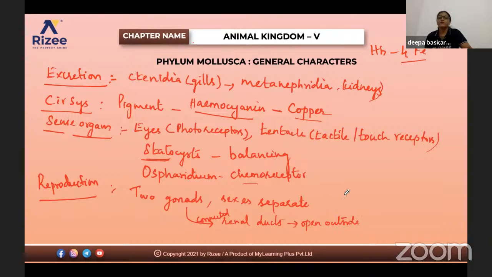Here, fertilization is purely external in most mollusks, and in very few mollusks it is internal. That is terrestrial mollusks, which follow internal fertilization.